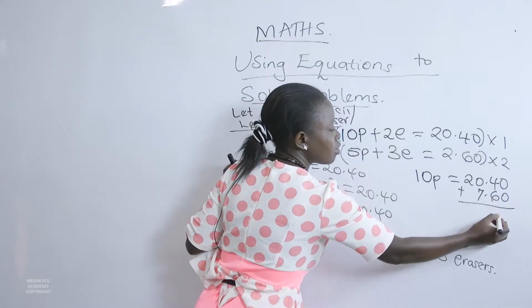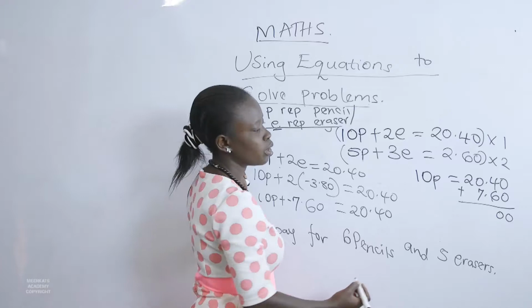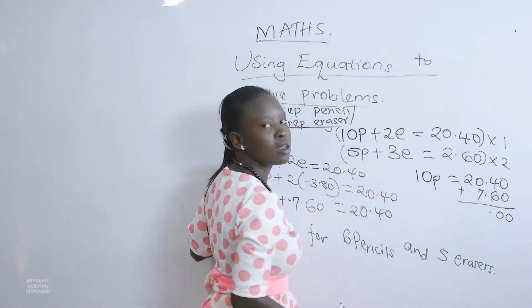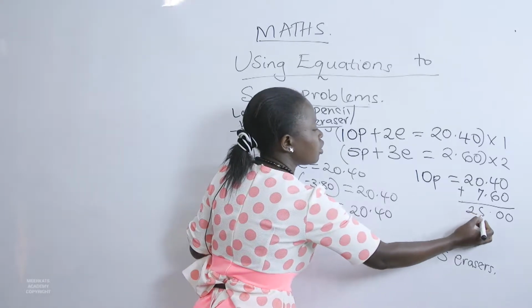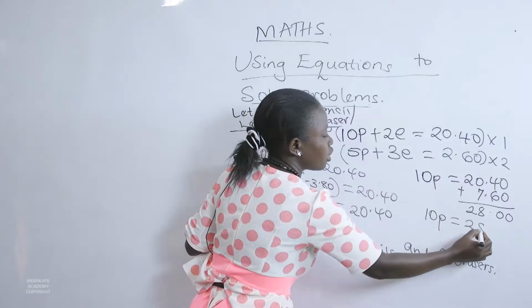So 40 plus 60 gives us 100. So we write 0 and carry 1. Then this is 20 plus 7, we have 27 plus 1 gives us 28. So it means 10p is equal to 28.